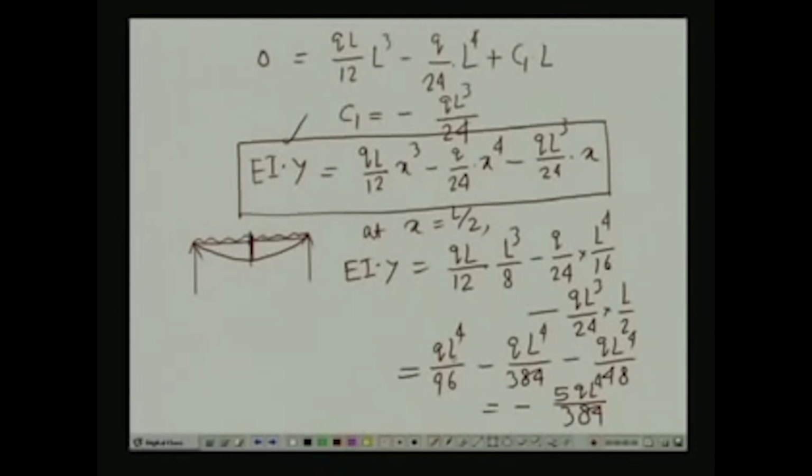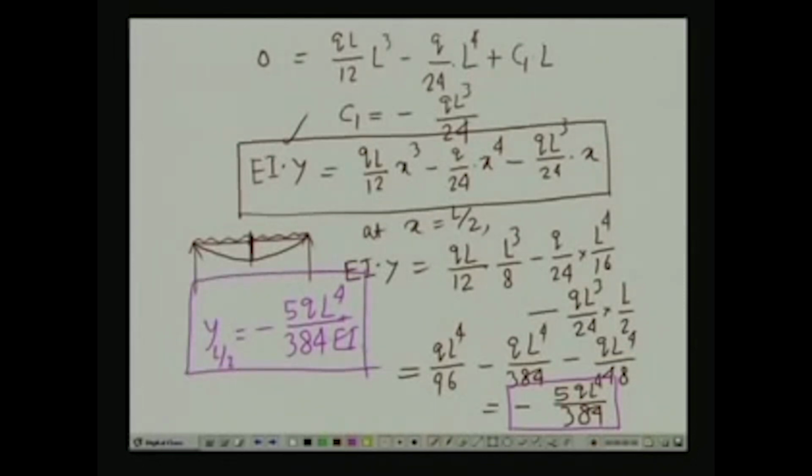Now, in fact, this is the value of the deflection. So, y at L by 2 equals minus 5 q L 4 by 384 E I, taking E I on the other side. So, this is the value of the deflection at the center of the beam.